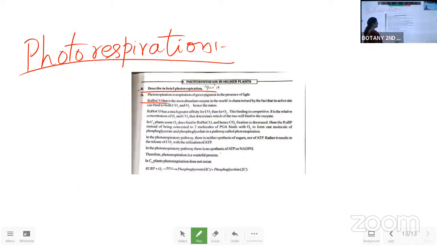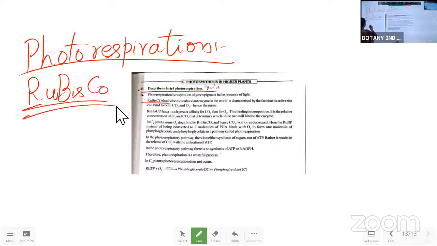Through gaseous exchange, when oxygen enters through the stomatal apparatus into the cells and the chloroplast, and the oxygen concentration is more, then the Rubisco enzyme and a small amount of carbon dioxide are present. But the Rubisco enzyme has 2 enzymatic grooves.